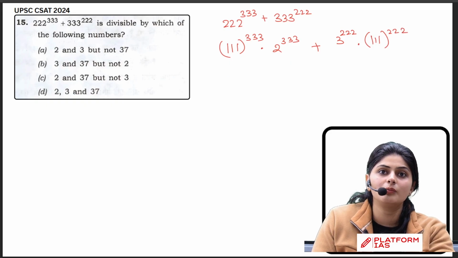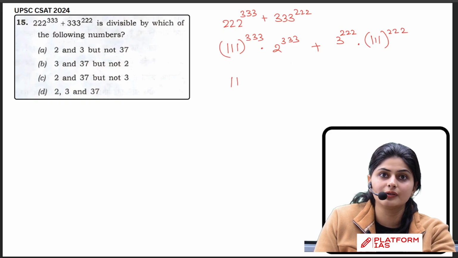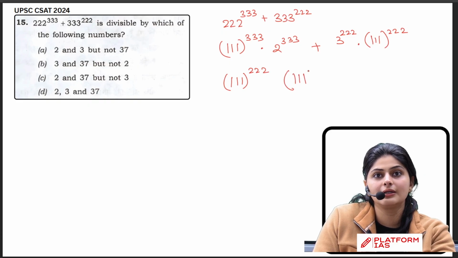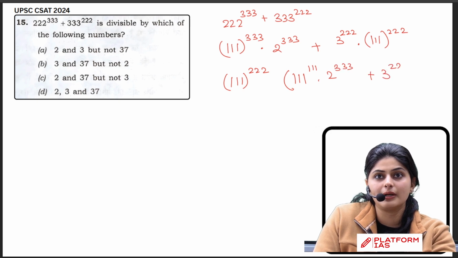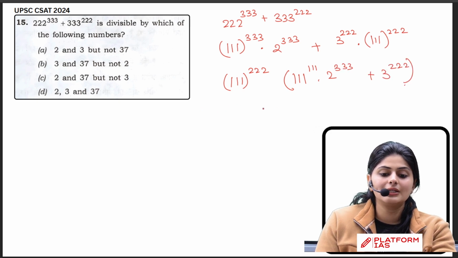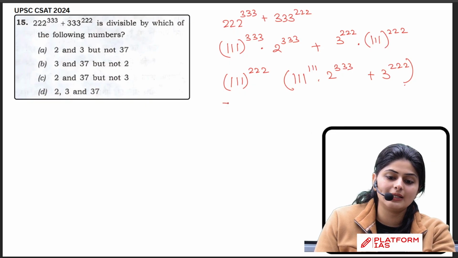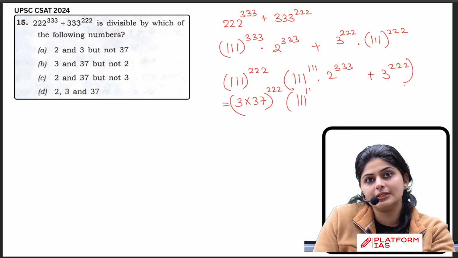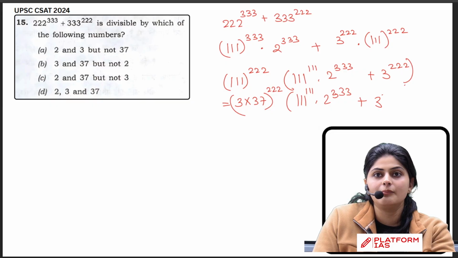Now taking the common factors outside, we have this multiplied by this left in the brackets. Now this 111 is nothing but a multiple of 3 and 37 to the power 222, and here we can write the same thing inside the brackets.